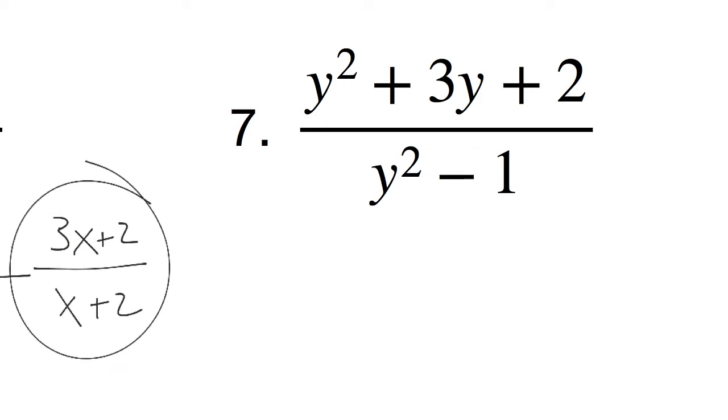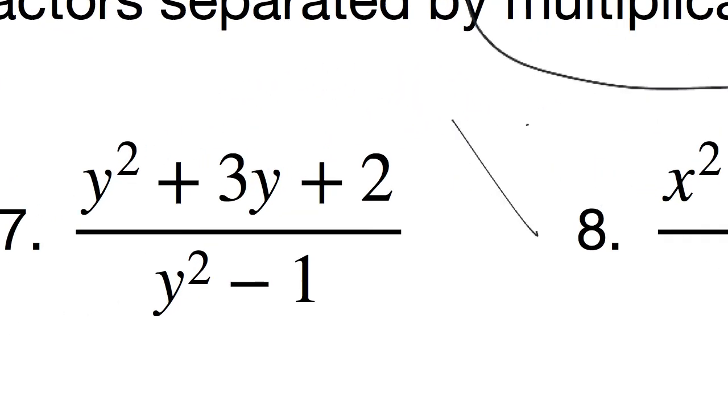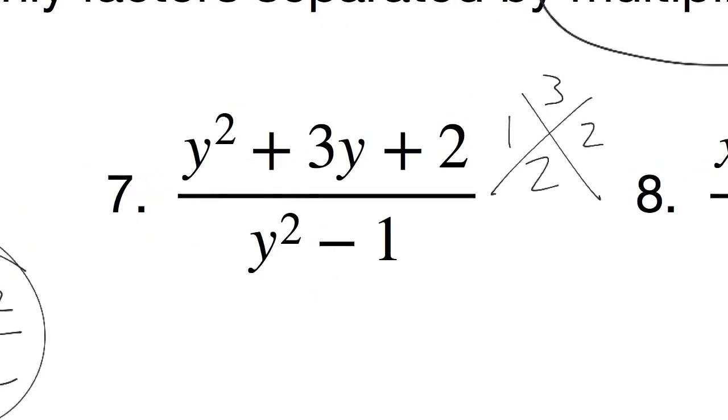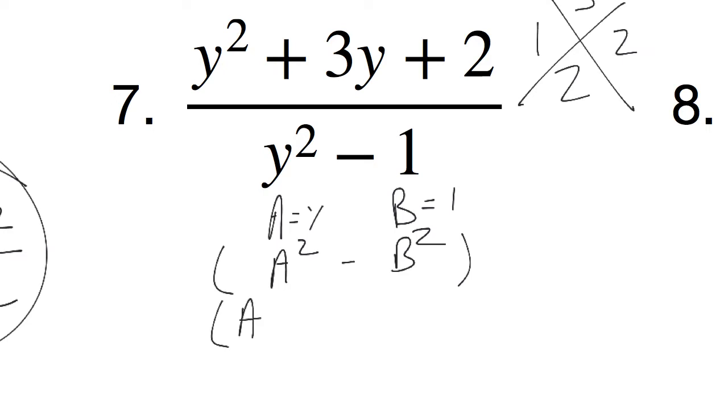Number 7. Let's factor both the top and the bottom. I'm going to need to factor the x expression up here. What two numbers multiply up to 2 and add up to 3? That'd be 1 and 2. And I see a difference of squares here. I'm going to let a equal y and b equal 1, so we've got a squared minus b squared, which I know is the same thing as (a plus b) and (a minus b).